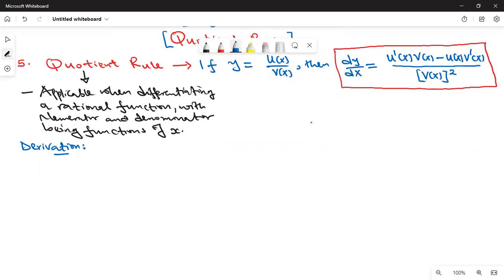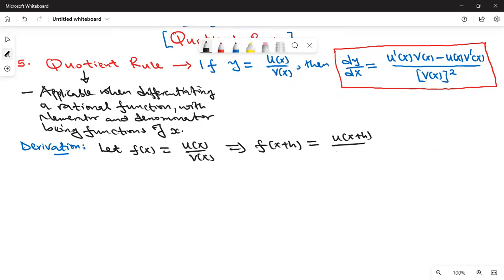So when deriving it, let f of x be equal to u of x over v of x. So from here, it means that f of x plus h is the same as u of x plus h over v of x plus h. So I now need the difference of those two functions.